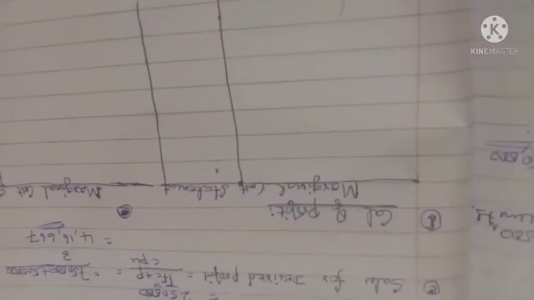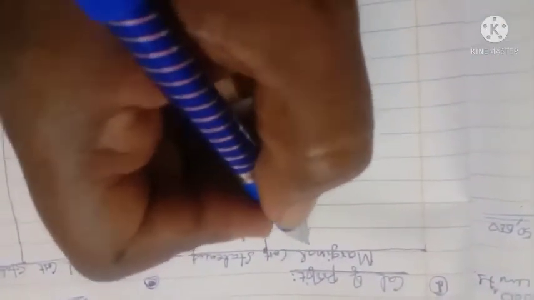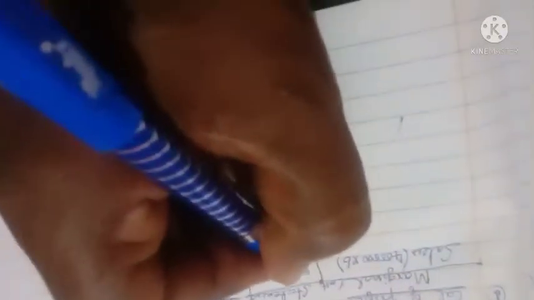Then the calculation of profit. When sales is given, units produced is 4 lakh into 6, you'll get 24 lakh.